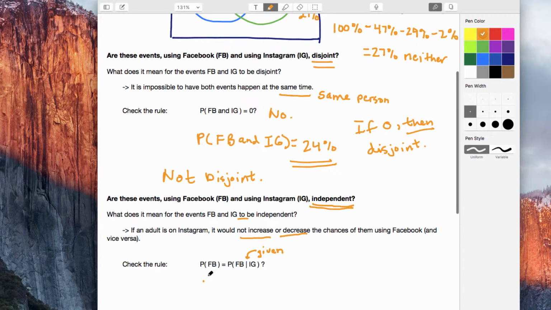So we're saying 0.71. Is that equal to this conditional probability? So I need to write out this conditional probability a little bit more. This conditional probability is equal to a formula. The probability of Facebook and Instagram, so the chances of someone being in both, divided by the probability that someone is on Instagram.